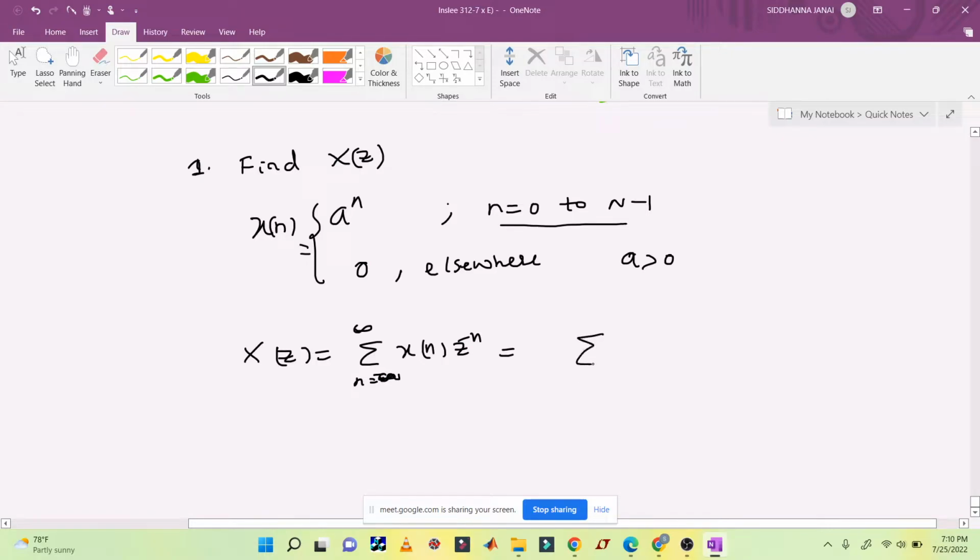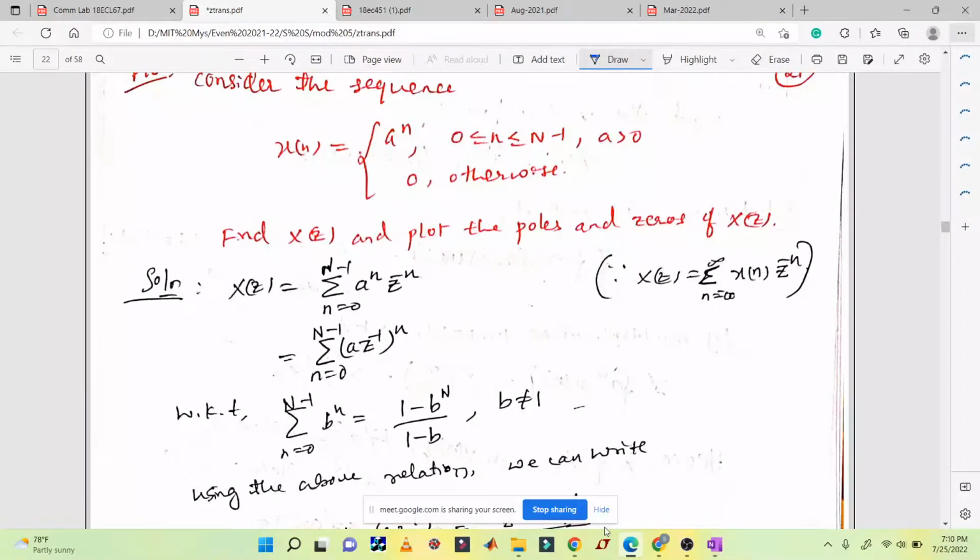That's why we can directly write n equal to 0 to N minus 1, a to the power n, z to the power minus n. For this we have a standard equation. Here you can see this is our standard equation, assuming that b is not equal to 1; here we can assume it for a.